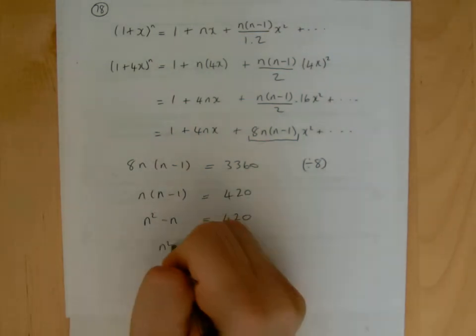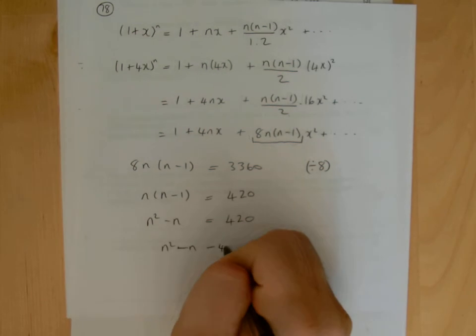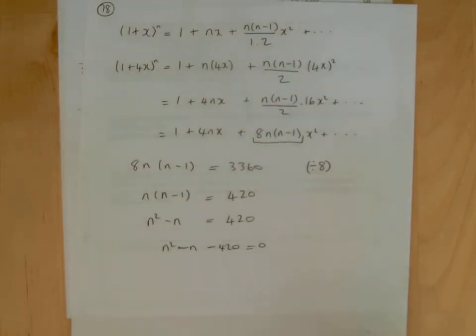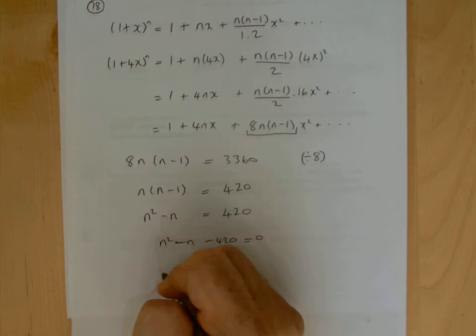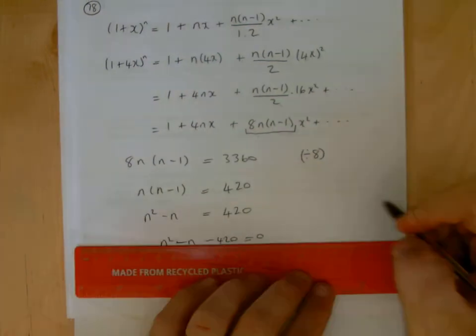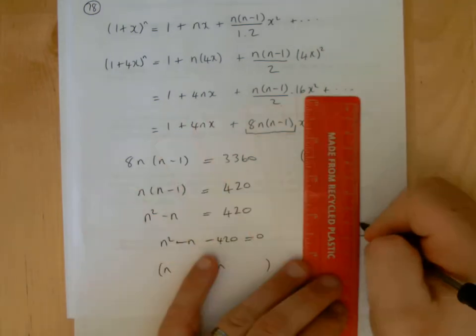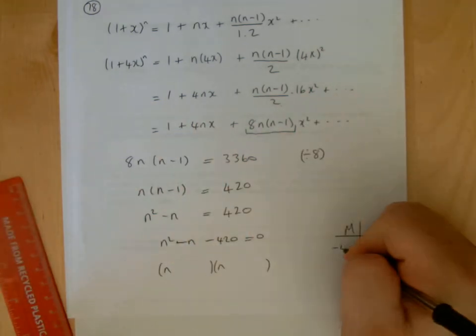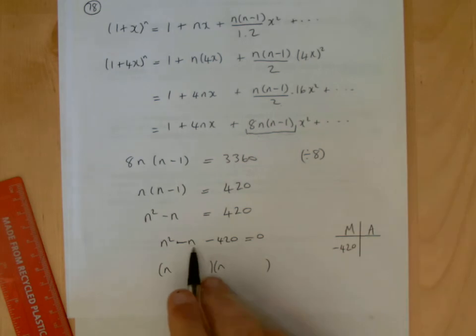Get everything to one side, and you've got yourself a quadratic. It looks like a difficult quadratic because now you've got to find 2 numbers that multiply to give minus 420 and add up to give minus 1.